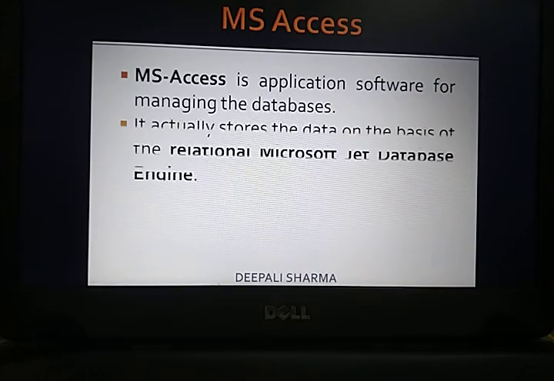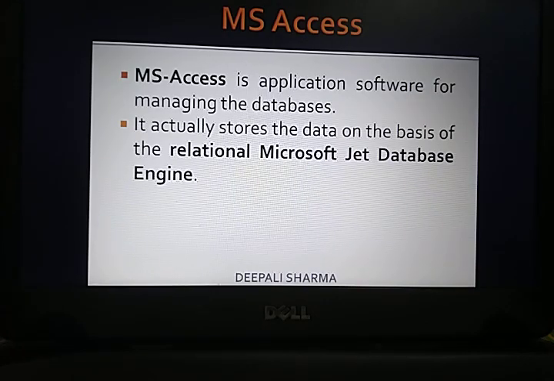It actually stores the data on the basis of the relational Microsoft Jet database engine, because each and every software which is used to store data has its own engine, like SQL has its own engine, or Oracle has its own engine.